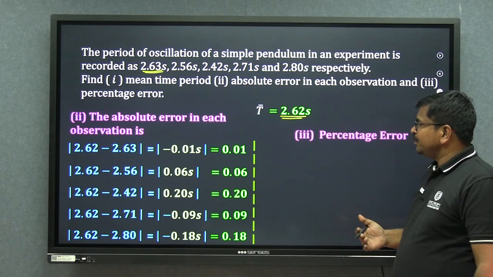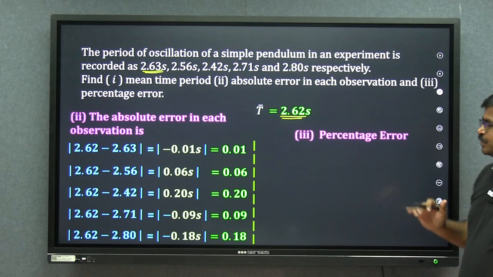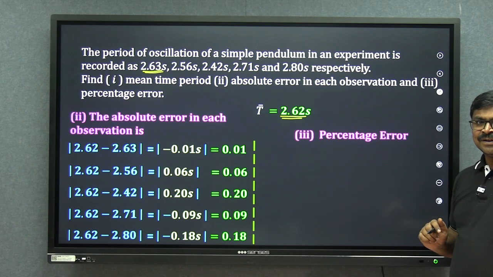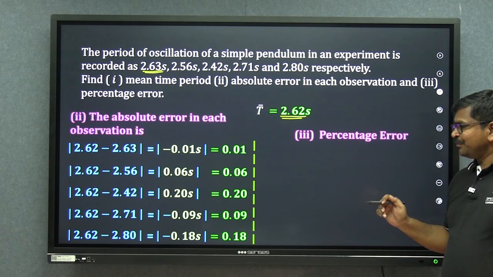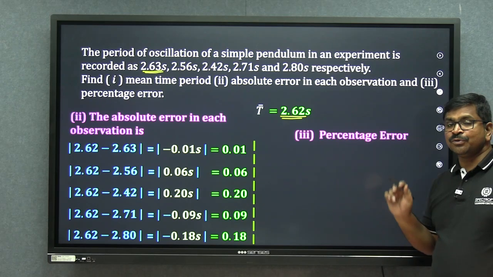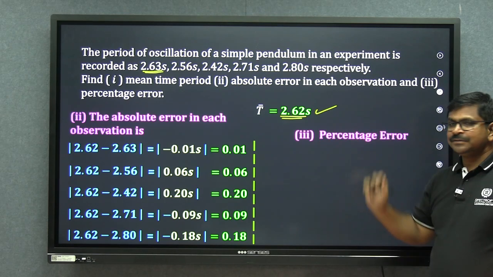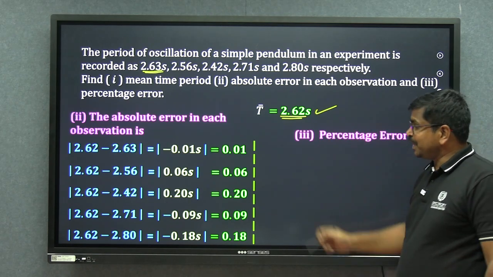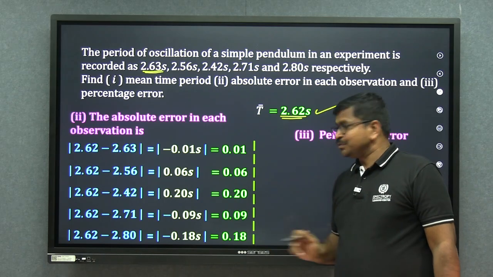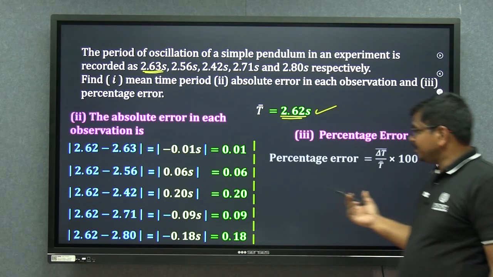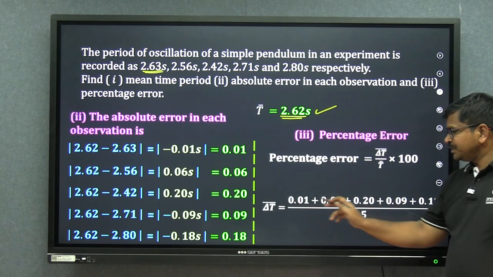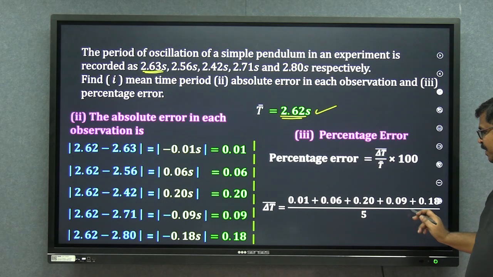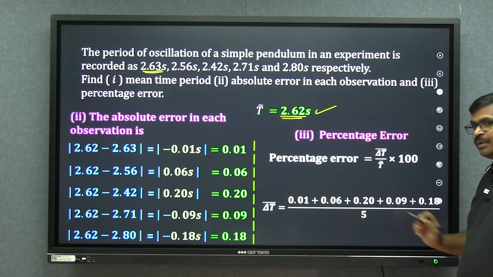And next thing, you must take percentage error. So for percentage error, the comparison of mean absolute error with true value. True value we know already. And mean absolute error, we should take the average of all the absolute errors. So sum of the quantities by number of the quantities, that is 0.01, 0.06, 0.20, 0.09, 0.18 divided by 5.